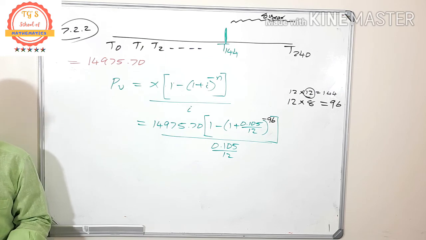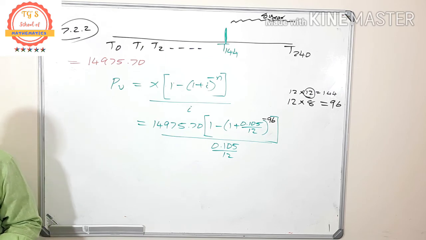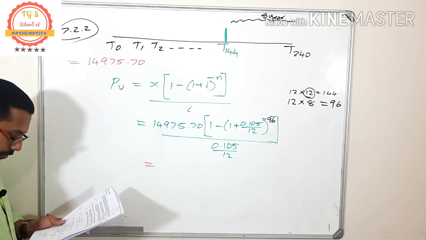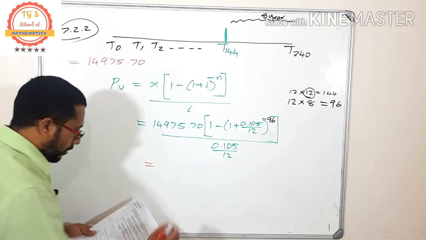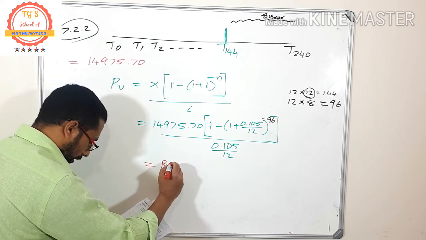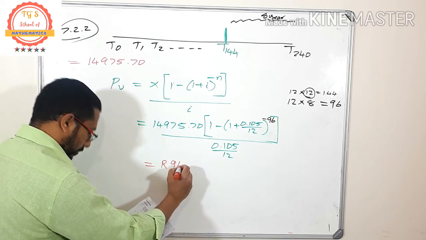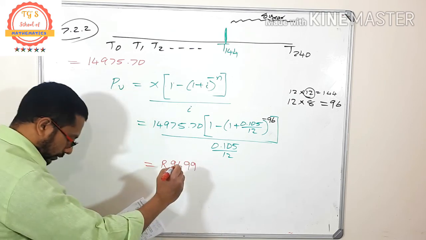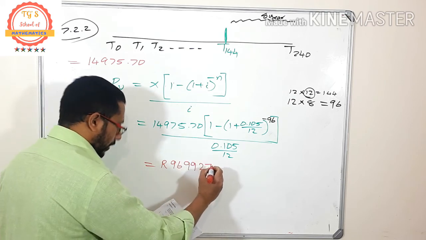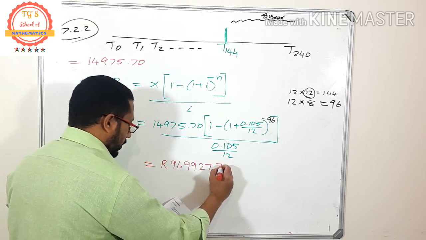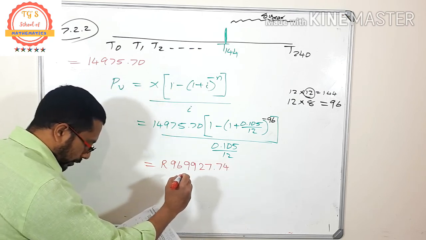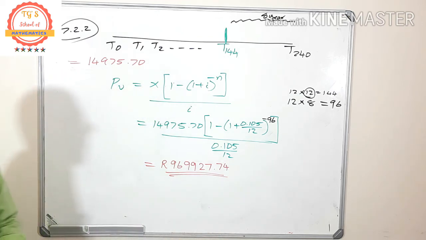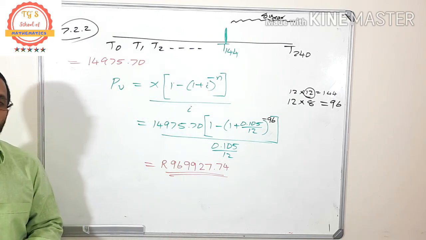Take your calculator and try to find the answer. So I got the answer in my calculator as 969,927.74, rounded off to 2 decimal places.